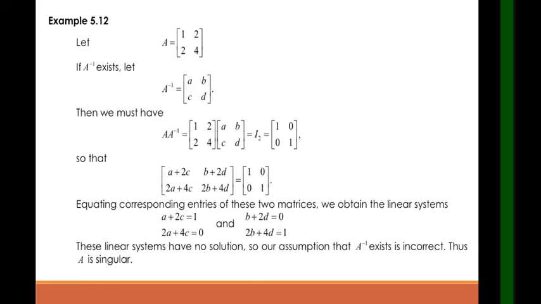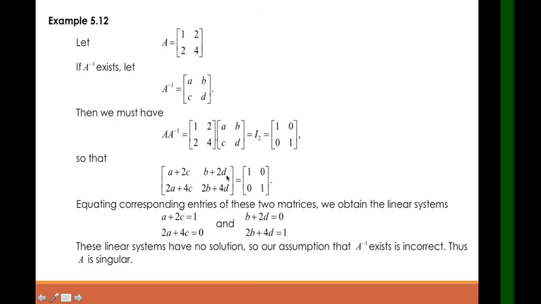Okay? So example, let A is equal to 1, 2, 2, and 4, and suppose the inverse of A exists. So let's say that this is A, B, C, D. So we multiply the two. We will get these quantities, and then 1, 0, 0, 1 are equal. So again, we will do a linear system. So A plus 2C is equal to 1.